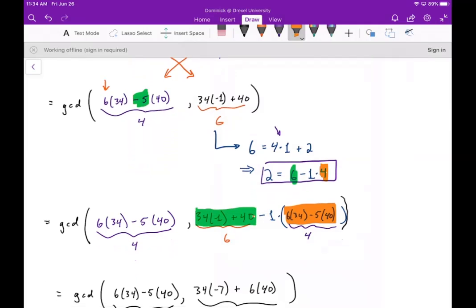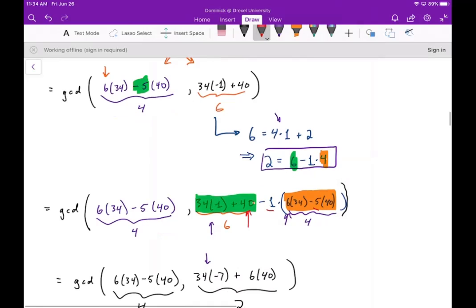If we combine like terms, we have -1 34 here and 6 34s here, so we get 34 times -7. Then for our 40s, we have 1 40 here, and then -1 times -5, so plus 5 40s, so we get 6 times 40.